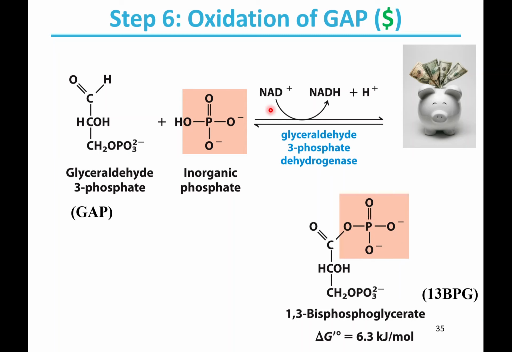By doing this, you're also taking an NAD+, an oxidized nicotinamide adenine dinucleotide, and reducing it to NADH. This is all catalyzed by an enzyme called glycerol aldehyde 3 phosphate dehydrogenase. That enzyme name, dehydrogenase, is telling you that this is an oxidation-reduction reaction.